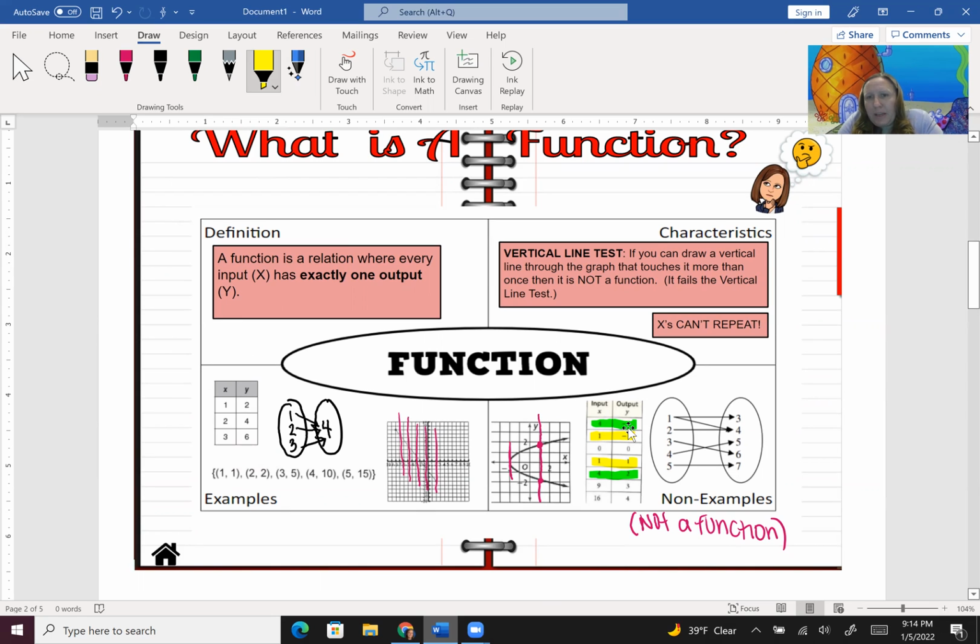Each input can only have one output, so this one is not a function. And then in our last one, in our mapping diagram here, I see right away that 1 is paired with 3 and 1 is paired with 4. So that would not be a function because 1 has two different outputs.